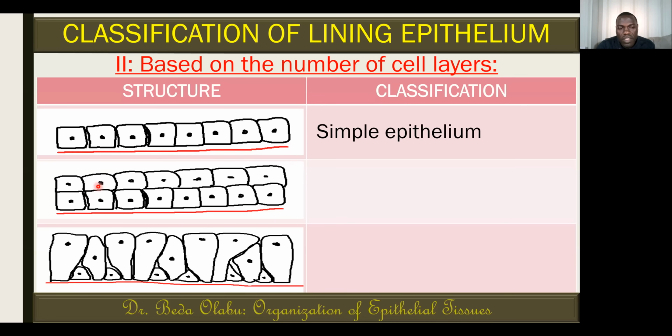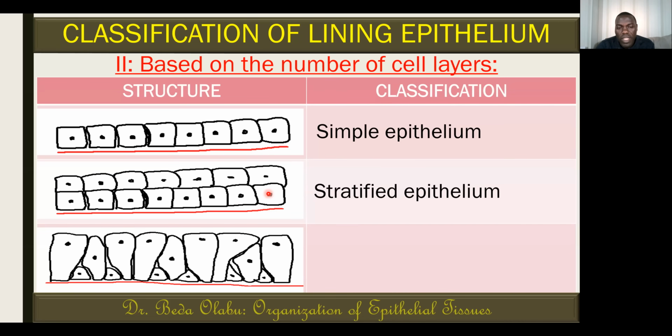If it is made up of multiple layers of cells, as you can see here, the concept is that it's more than one layer of cells. And when it's more than one layer, not all the cells will rest on the basal lamina, as in this case. If that be the situation, then we call it stratified epithelium.